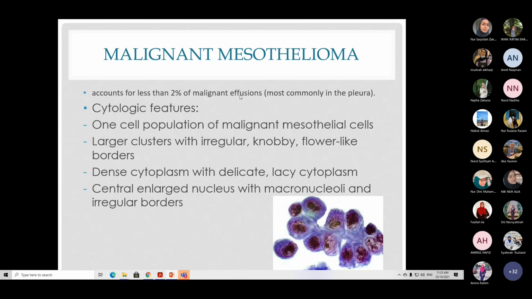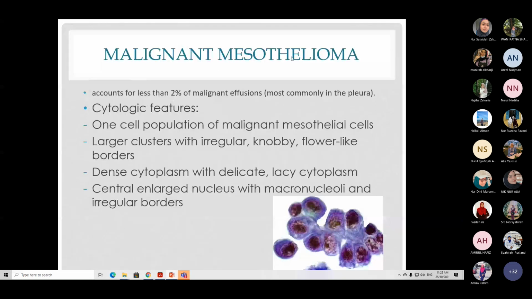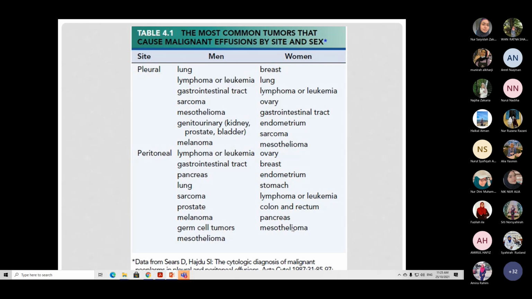So first, malignant mesothelioma accounts for less than 2% of malignant effusions. If we compare all of these cancers, malignant mesothelioma loses out, only 2% of cases, compared to lung or other cancers, which have a much higher prevalence.